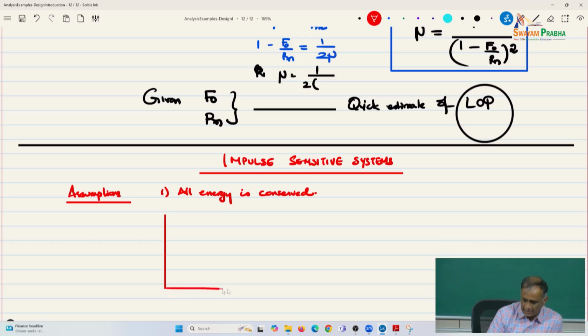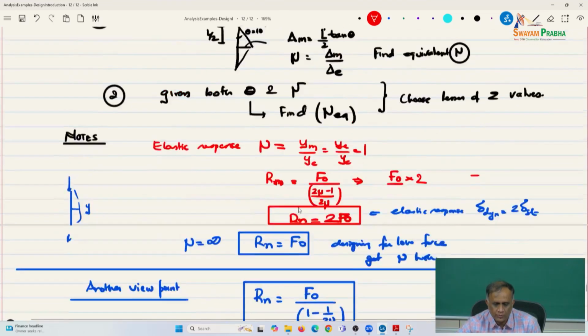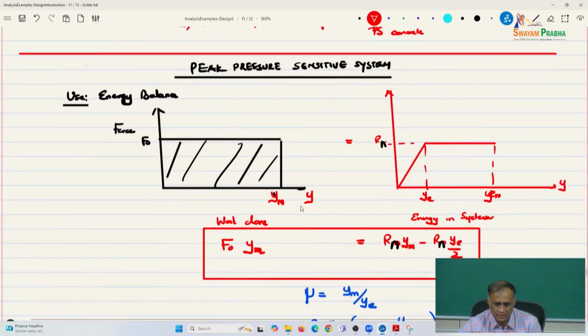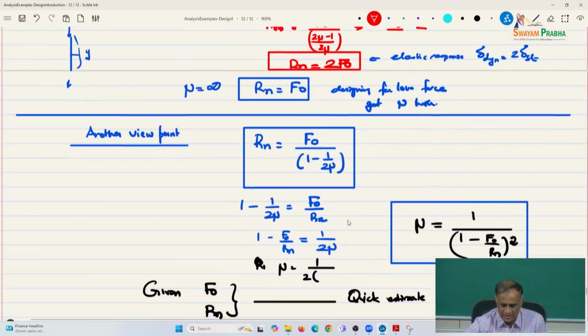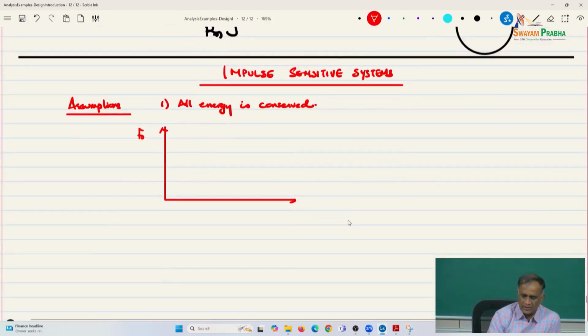So for the applied system, impulse sensitive, the first one was, what we did was peak pressure sensitive. So we started the other way around. Here it is impulse sensitive. So we start with F naught and Td.